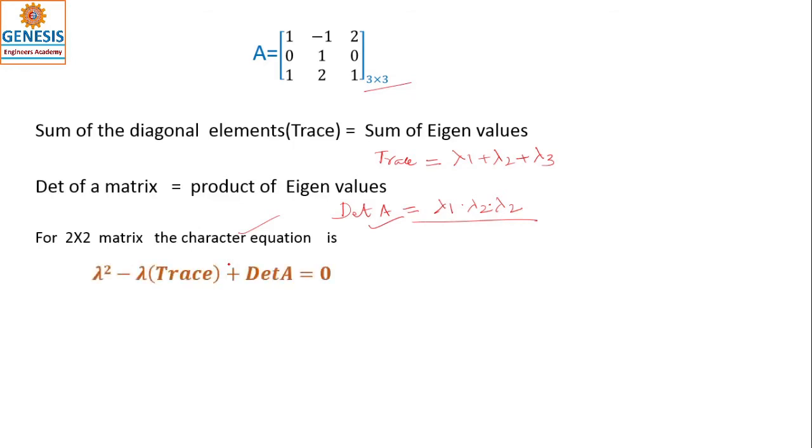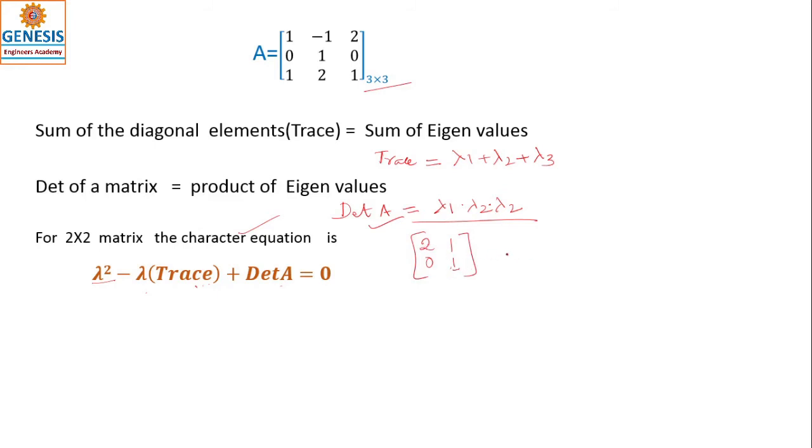For a 2 by 2 matrix, the characteristic equation is lambda square minus trace, that is the sum of the diagonal elements of that matrix, times lambda, plus the determinant. For example, take 2, 1, 0, 1. What are the diagonal elements? 2, 1. So this is the trace.